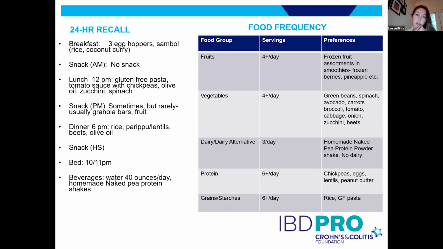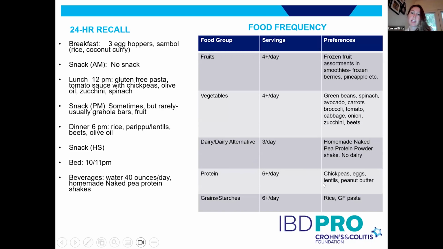And then he was supplementing with those homemade nutritional shakes that his parents were making. On average, the family and patient reported that he has at least 4 servings of fruit a day, at least 4 vegetables. He does not eat dairy, but he was having 3 servings a day of dairy alternatives, and using the protein powder from the shakes.